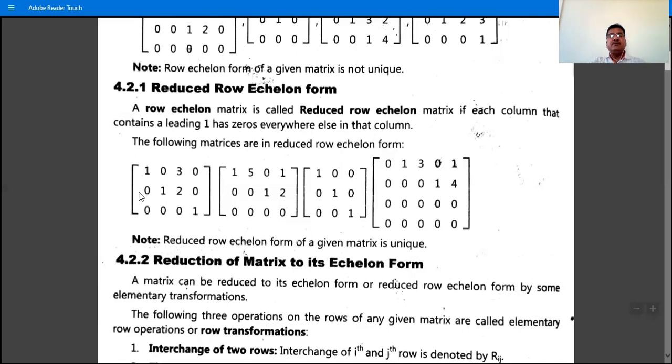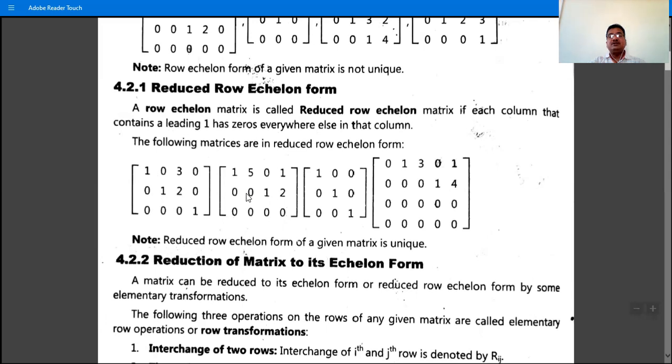If you observe the first column, it contains a leading one, and other than 1, all entries are 0. The second column contains a leading one, and other than 1, all the entries in the second column are 0. The third column does not contain a leading one. The fourth column contains a leading one, and all the entries other than 1 are 0. So this matrix is in reduced row echelon form. This matrix is in row echelon form as well as in reduced row echelon form.